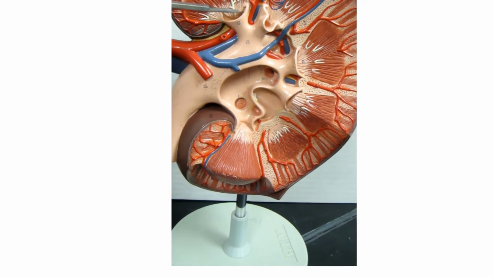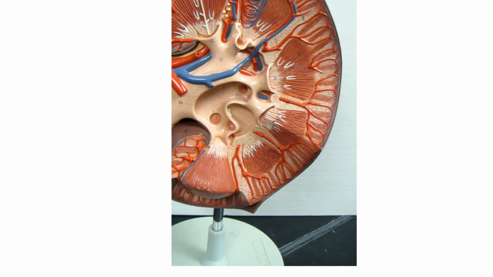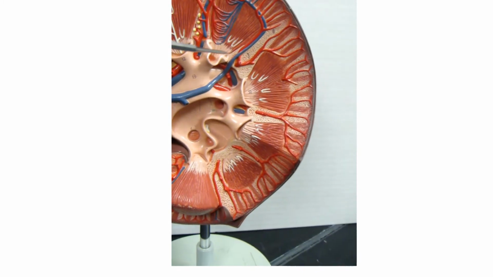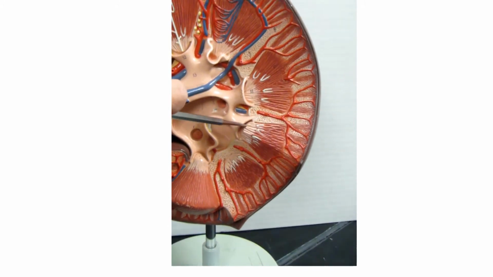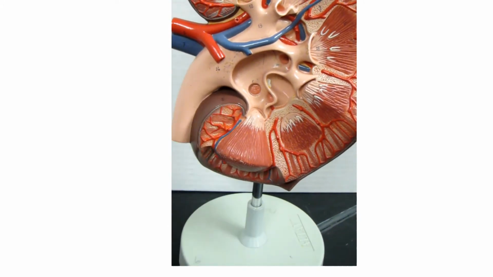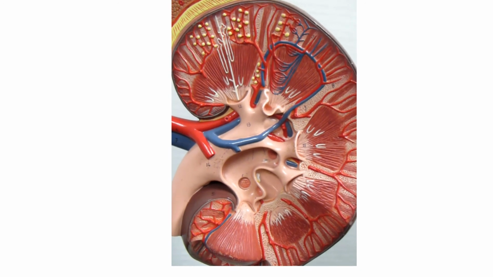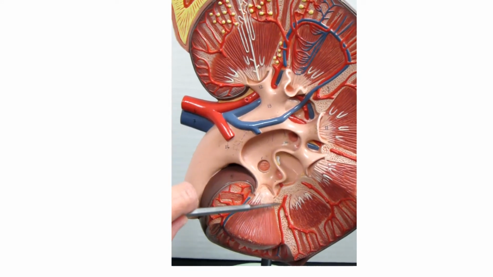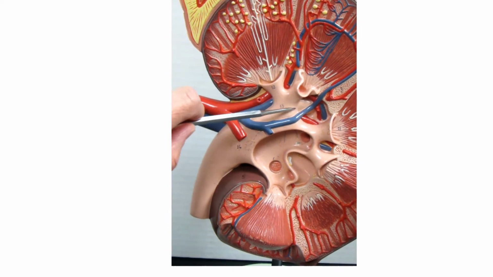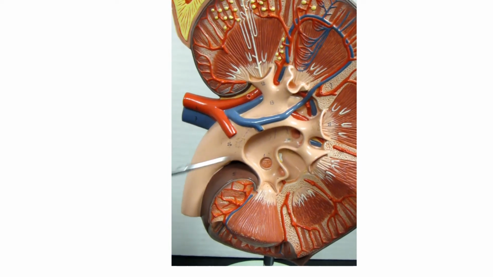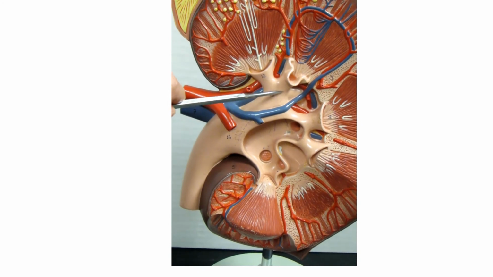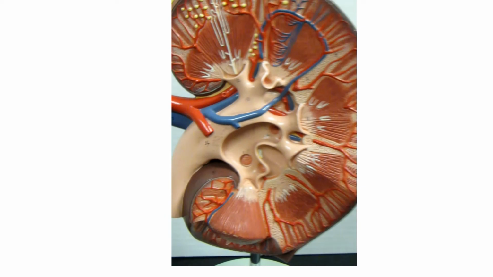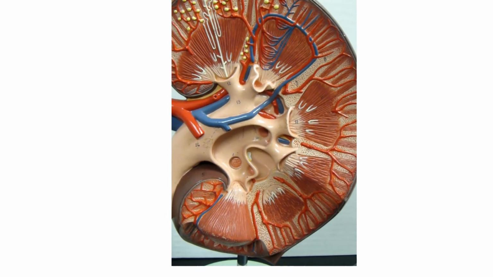So we have small calyces, C-A-L-Y-X, calyx, calyces, here, here, here, here, and here. These are small, so they're referred to as minor calyces. Minor calyces collect urine, and they channel it into larger collection areas called major calyces. So we have a major calyx here, here, and here. Most kidneys have at least 2 to 3 of them.